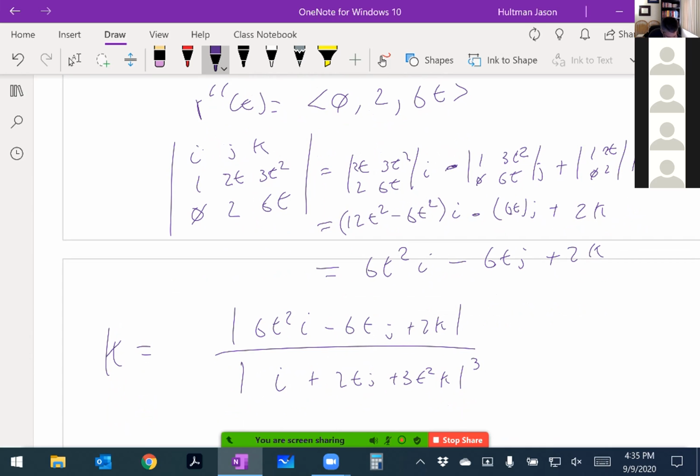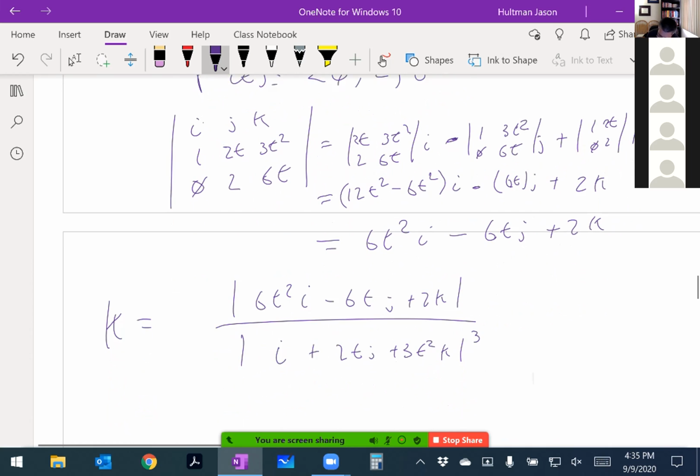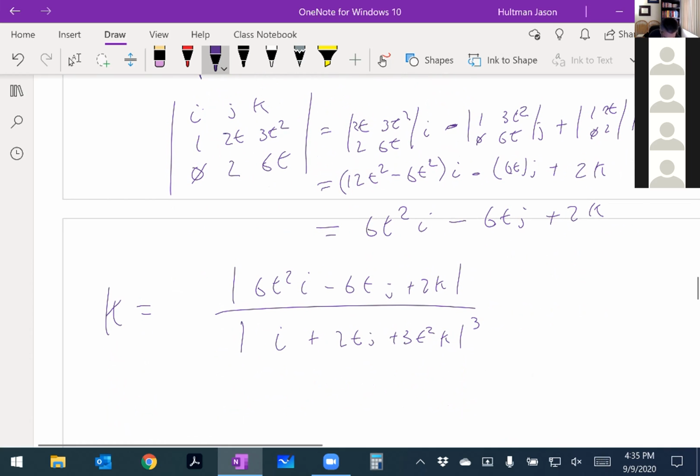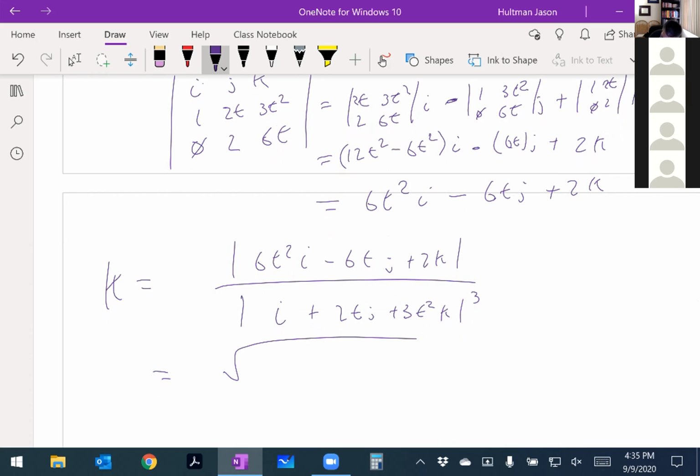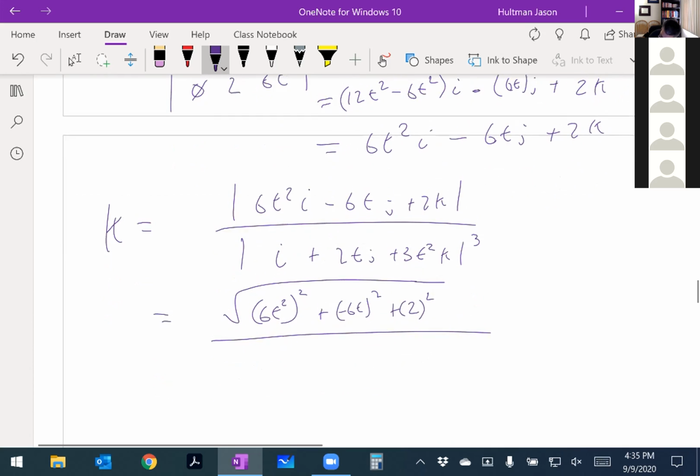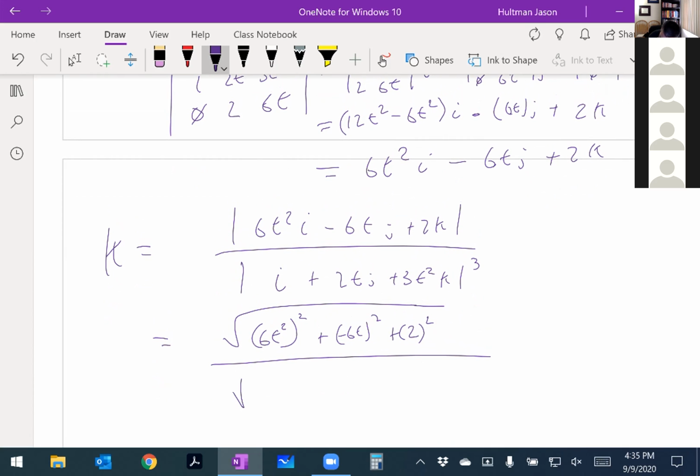So let's see what we get here. The magnitude of the top is going to be the square root of 6t squared plus negative 6t squared plus 2 squared, all over the bottom, which is going to be the square root of 1 squared plus 2t squared plus 3t squared, and all of that cubed.